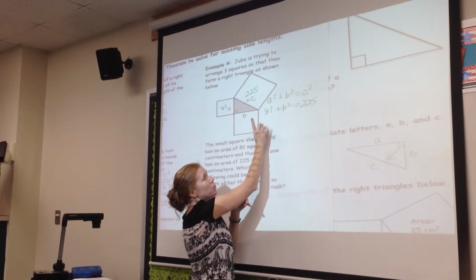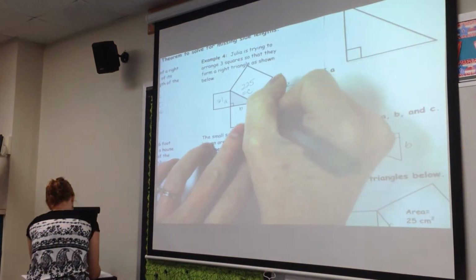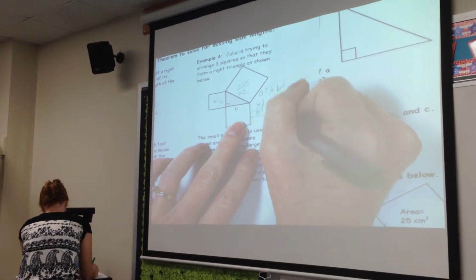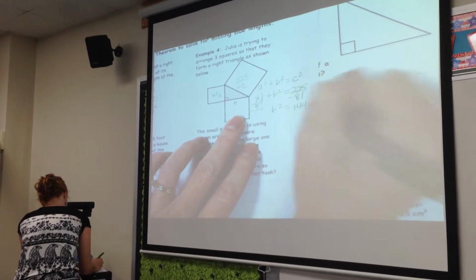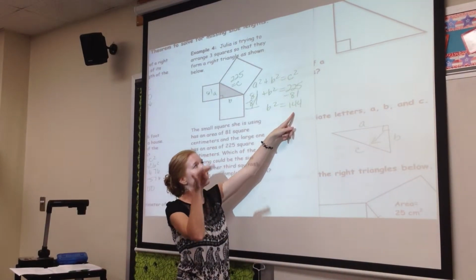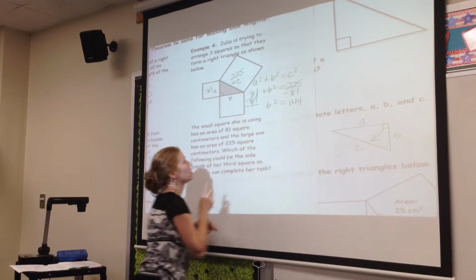So I'm going to subtract 81, subtract 81. Okay, that gives me B squared equals 144. Now I'm ready to square root, square root.